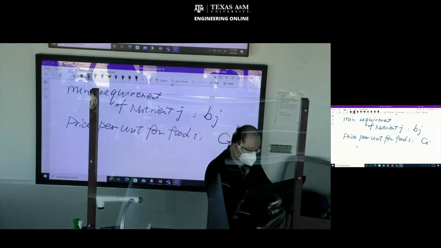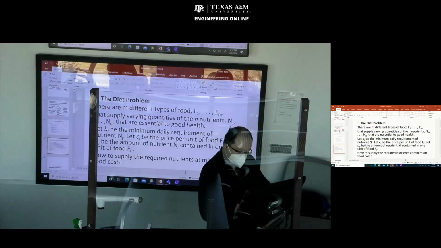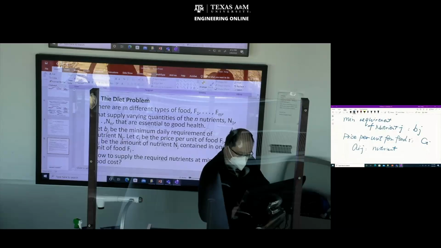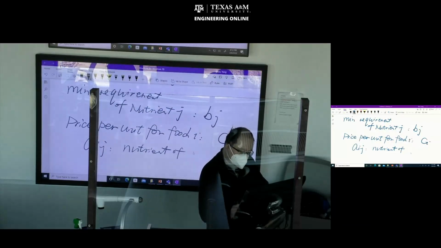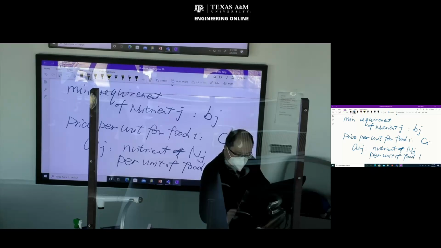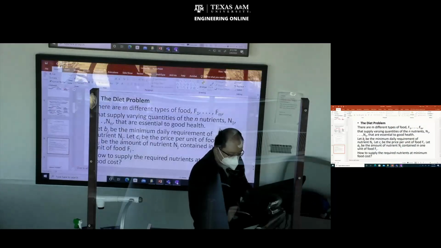So Aij is the amount of nutrient j contained in 1 unit of food i. Okay, so this is our definition.